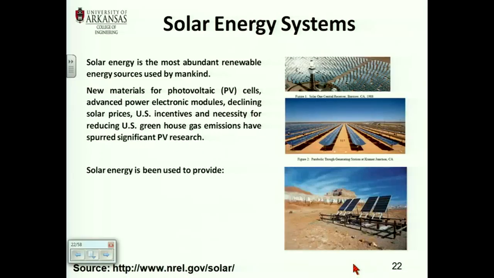And there are different technologies here. What you see there on the top, they're putting a lot of emphasis on that lately. Basically, you don't have a solar cell like we know.